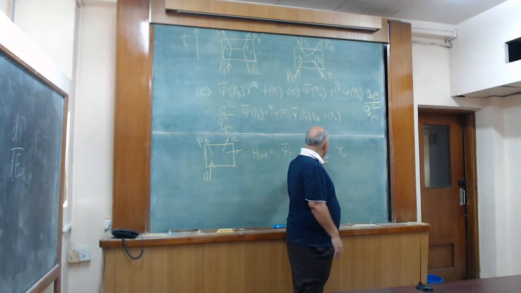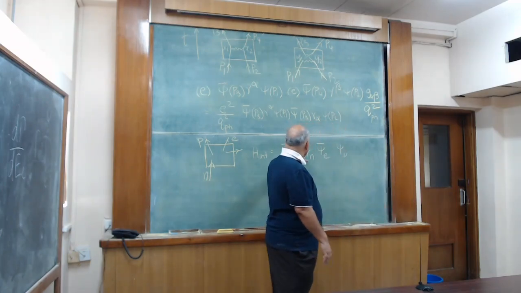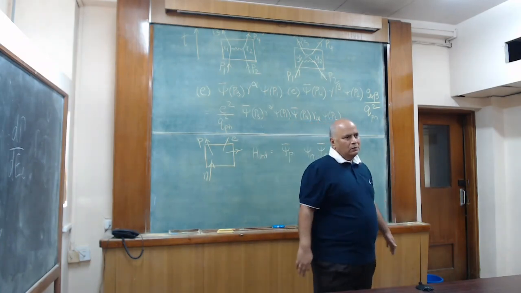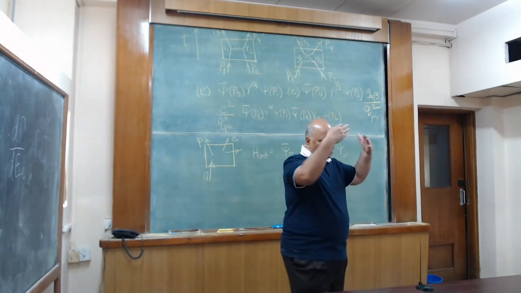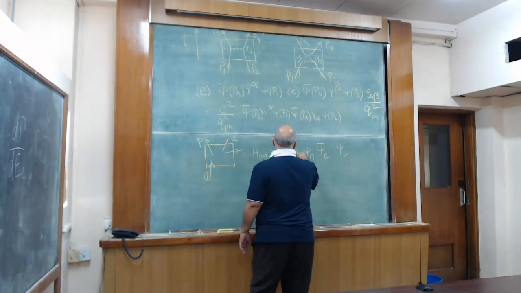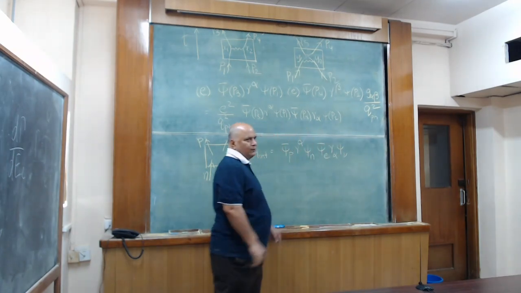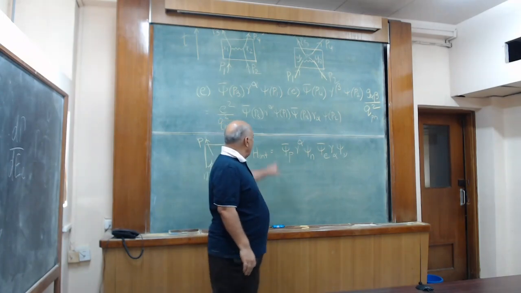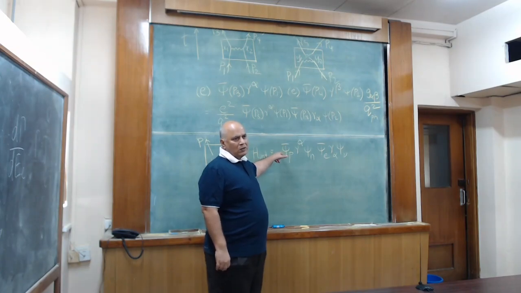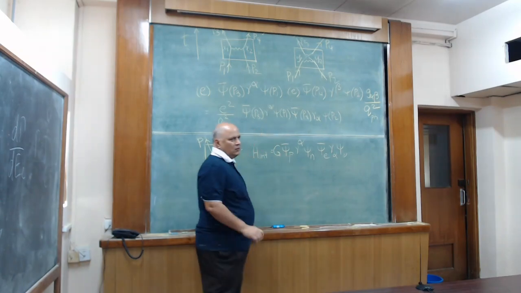And what do I put between ψ̄_p and ψ_n, and between ψ̄_e and ψ_ν? Well, in principle I can put one here and one here also. But Fermi was trying to use QED as an analogy. So he put γ^α and γ_α here.